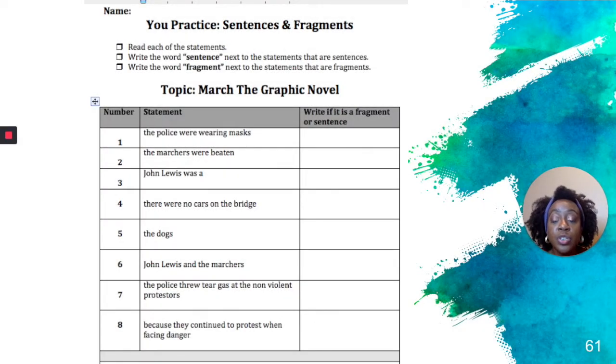What you will need to do is read each of the statements and identify which are sentences and which are fragments. The statements that are sentences, you're going to write the word sentence next to it. The statements that are fragments, you're going to write the word fragment next to it. So pause.